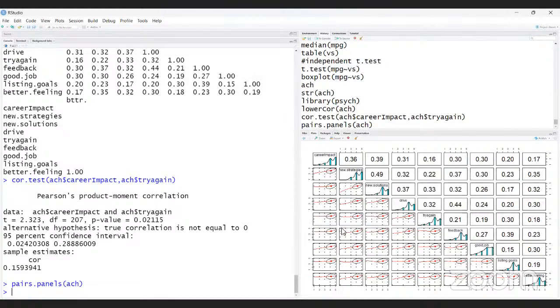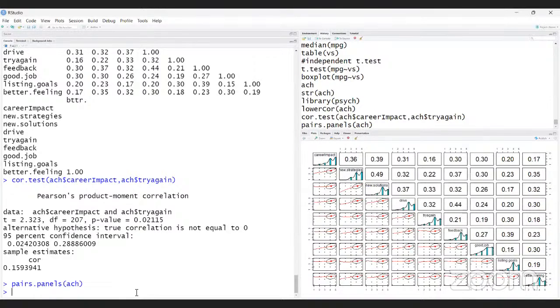Since all the items are correlated with each other, what can we assume? Sir, one question. So this is showing the item correlations, right? Like inter-item correlation. Yes, inter-item correlation.